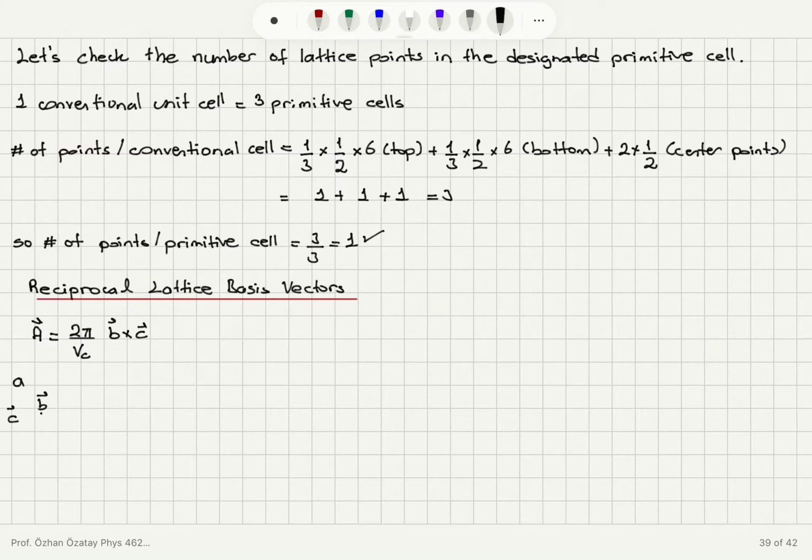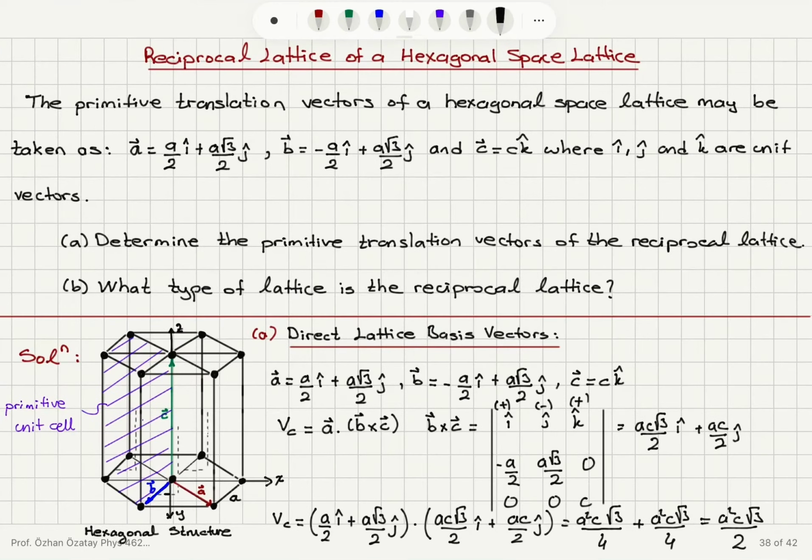So we're looking at B cross C, and then we will look at C cross A and A cross B, the cyclic permutations.